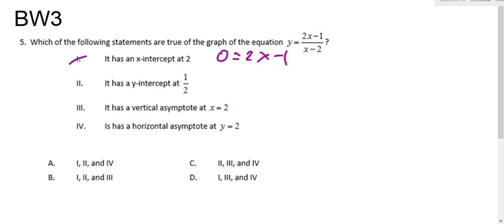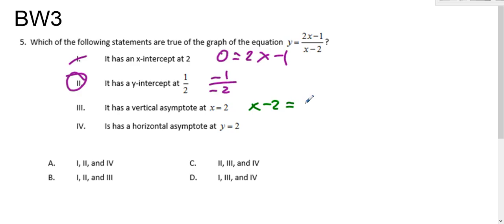You get the y-intercept. You plug in 0 for the x's. So you have 0 minus 1 over 0 minus 2. -1 over -2 is +1/2. Yes, that is the y-intercept. For the vertical asymptote, you look at the denominator equals 0.